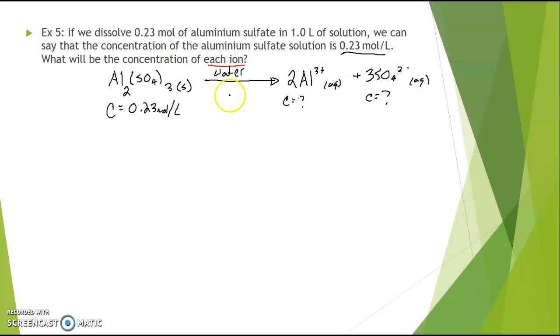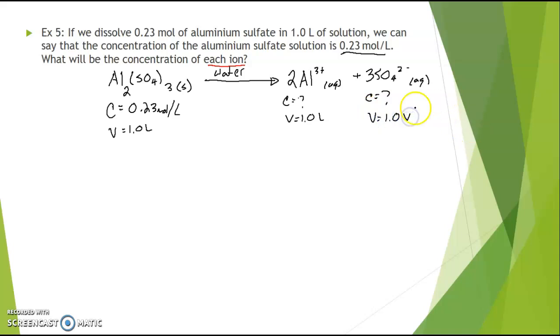We need to understand this is going into, let's say, 1 liter of water, which is what they said here. The ions are also in 1 liter of water because they're all in the same container.